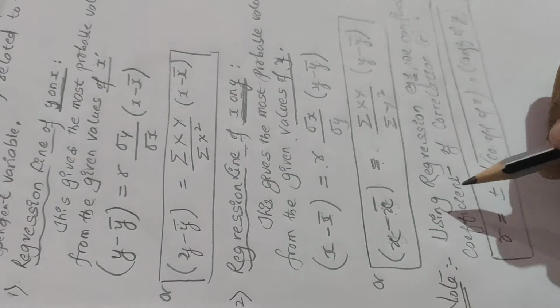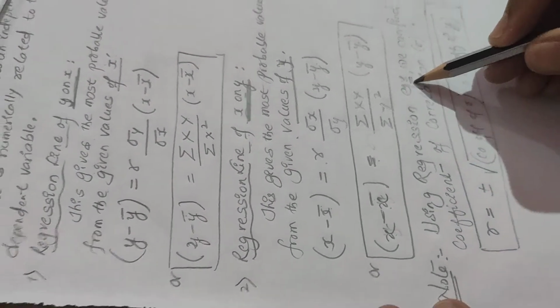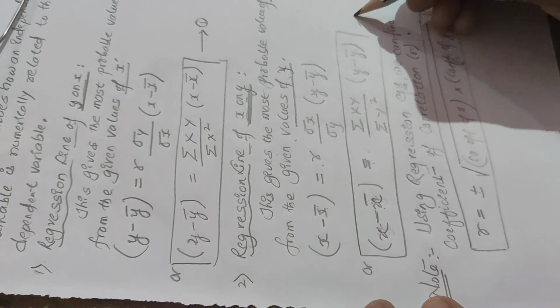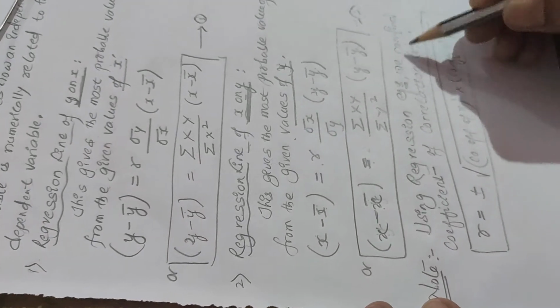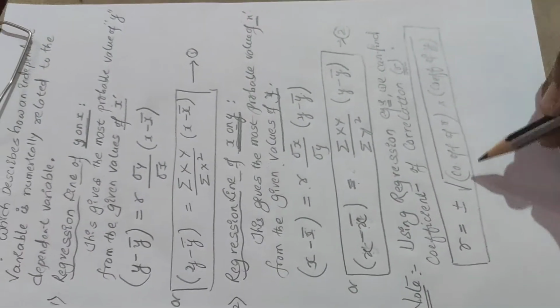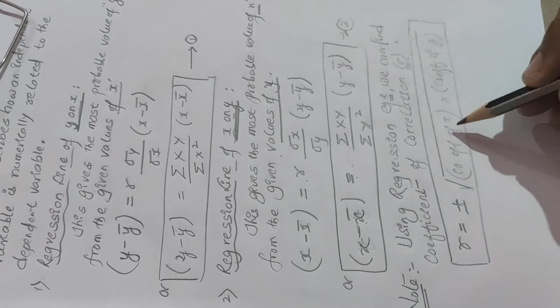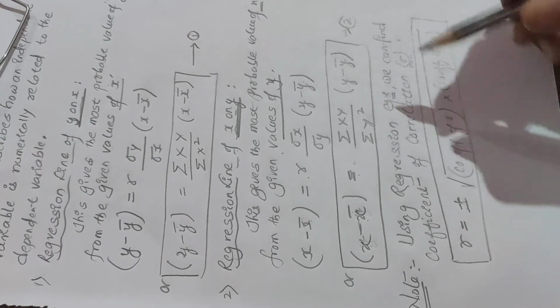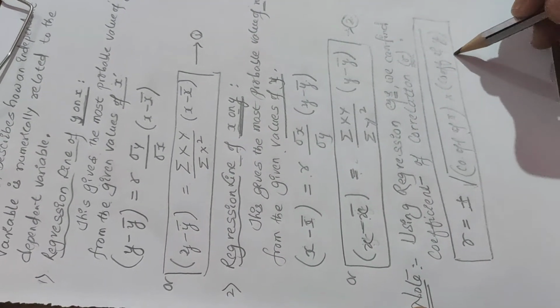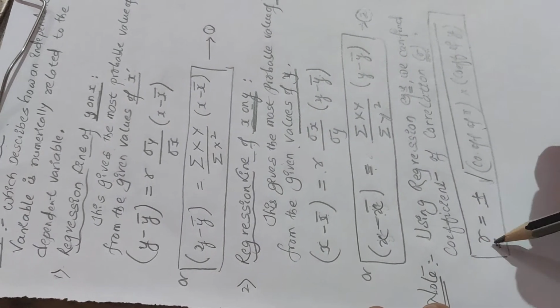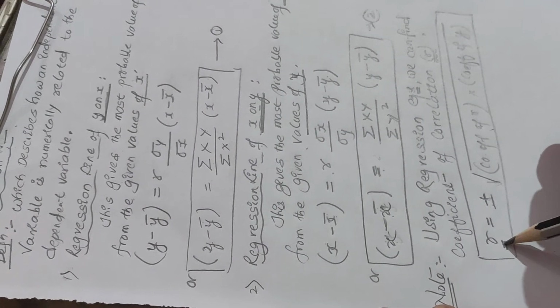One note: using the regression lines, equation 1 and equation 2, we can find the value of r as r is equal to plus or minus square root of coefficient of x in equation 1 times coefficient of y in equation 2. That will give you the coefficient of correlation r.